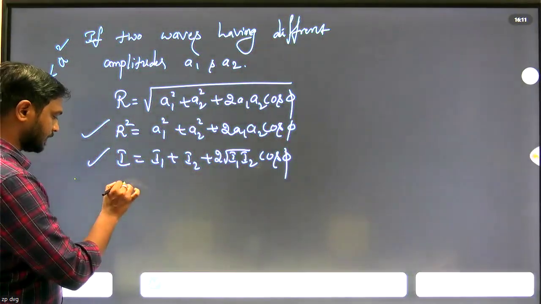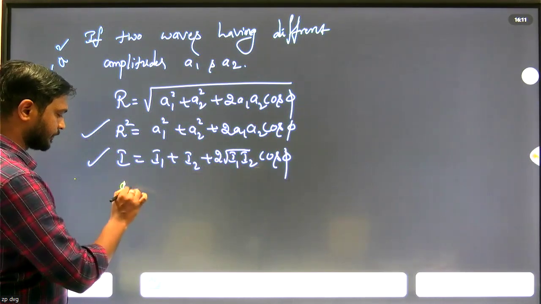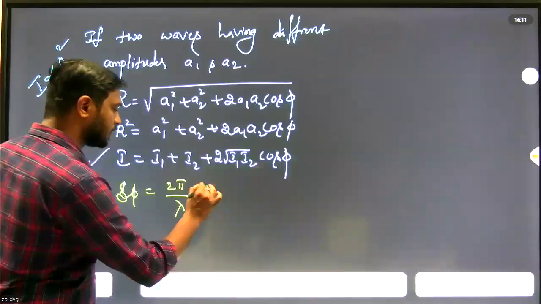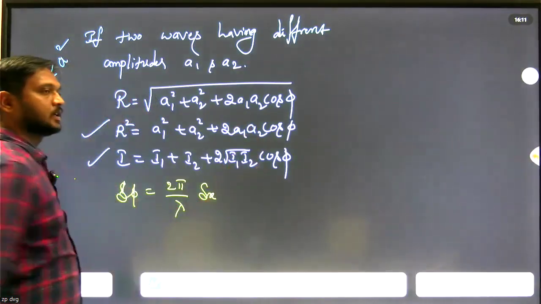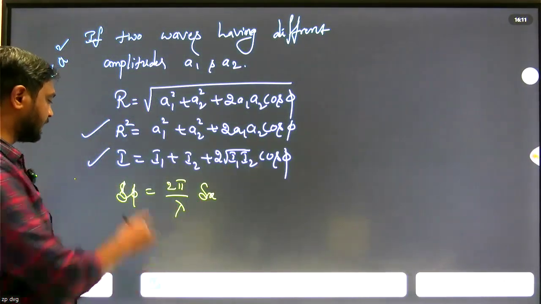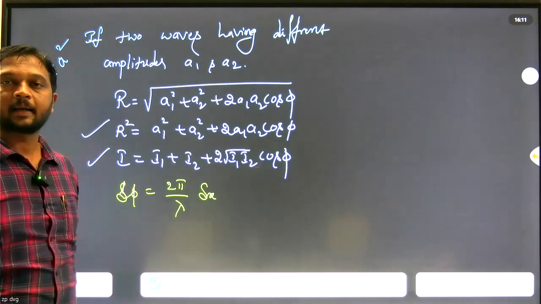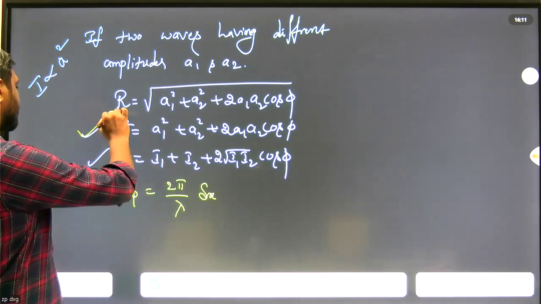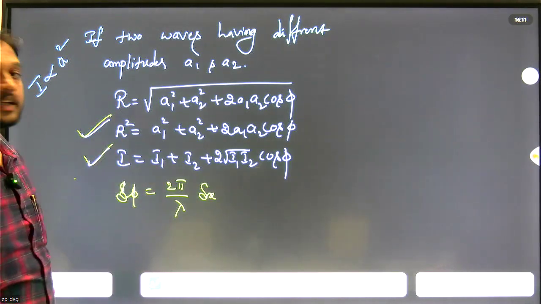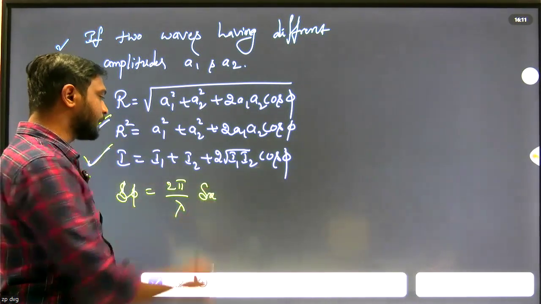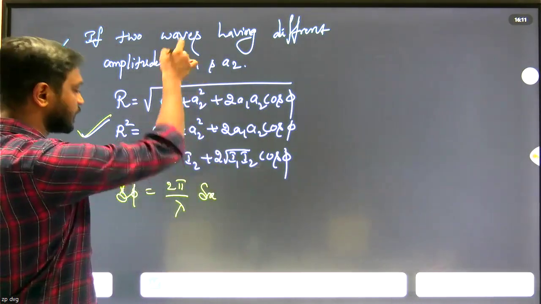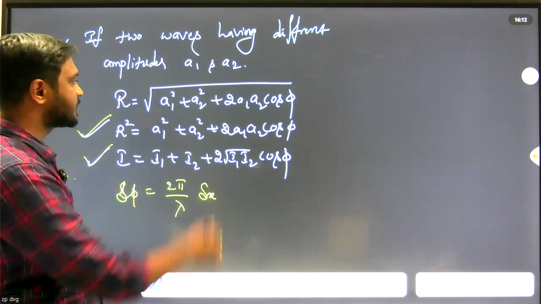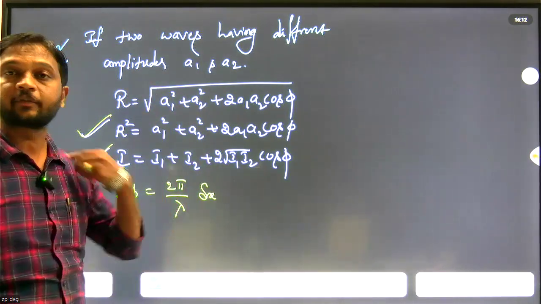It is delta phi equals 2 pi by lambda into delta x. Note down all these important formulas. The previous year KCET board asked questions on the basis of these formulas only. Is it clear? These are all the formulas about the theory of interference.